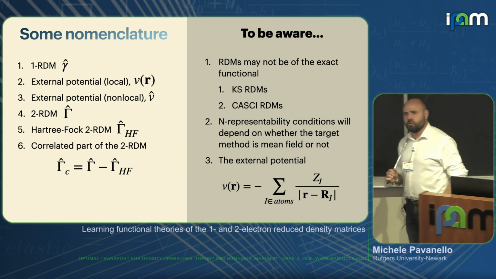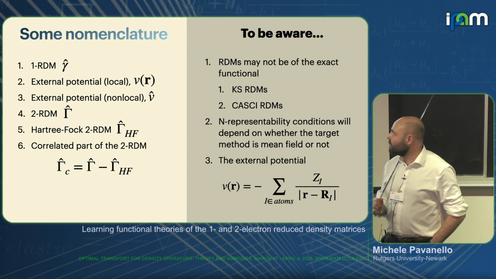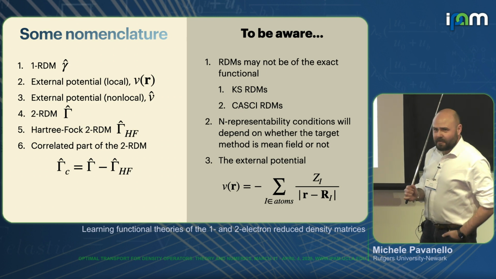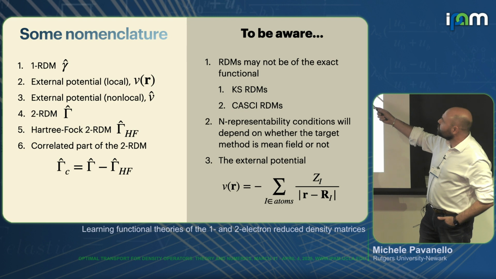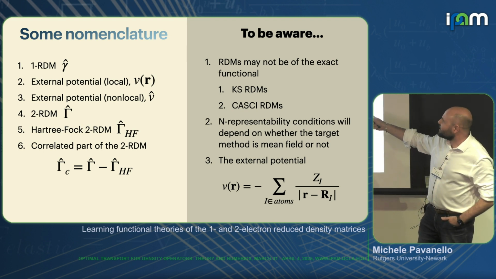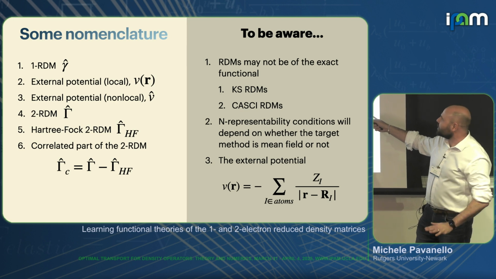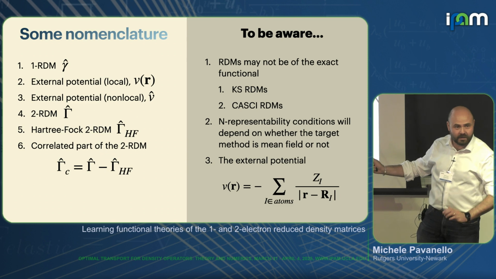Also, I will show you ways to learn reduced density matrices. But it'll be a little subtle in the sense that I'm not going to be so clear about what I'm learning, and I just want to be upfront. Sometimes I will show you results where I learn the Kohn-Sham RDMs.